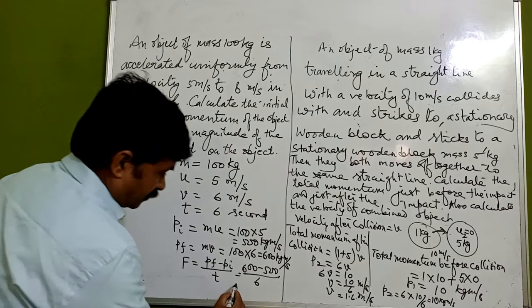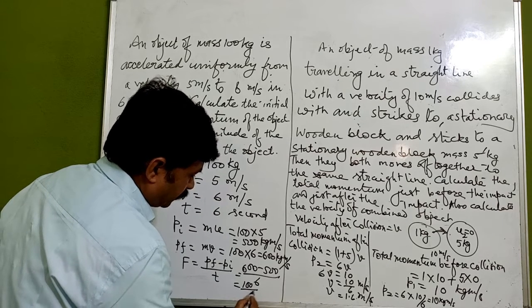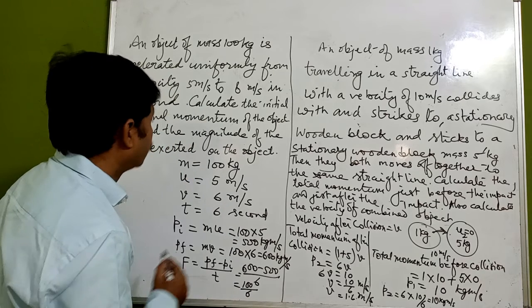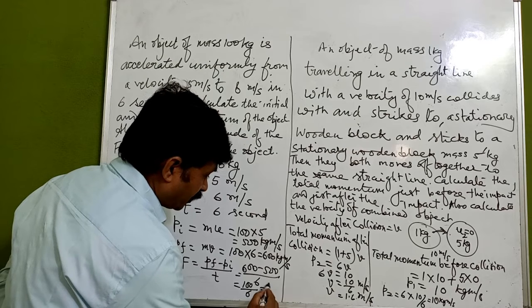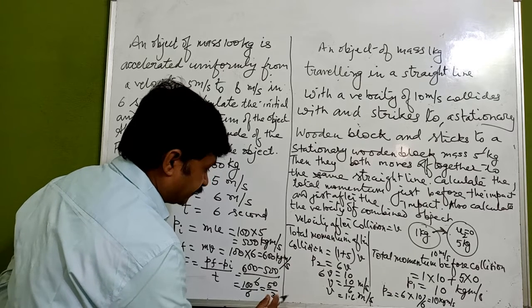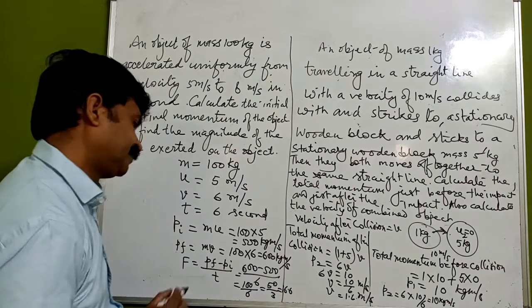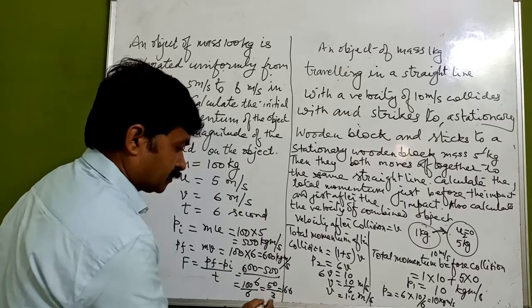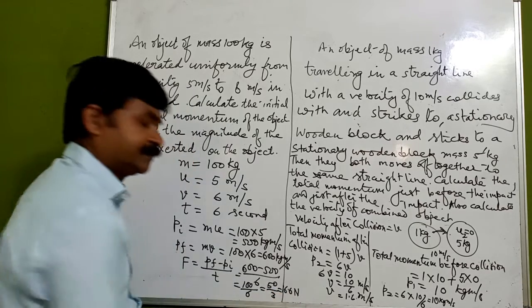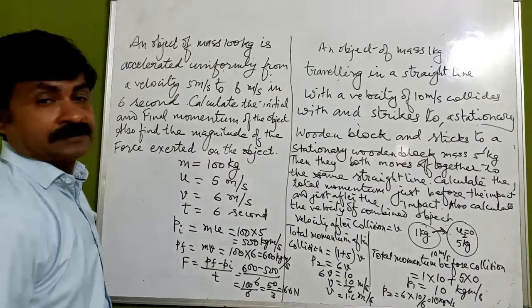So it is going to be 100 upon 6 Newton, which means 50 upon 3, and it is nearly 16.6 Newton. This much force is exerted on the object.